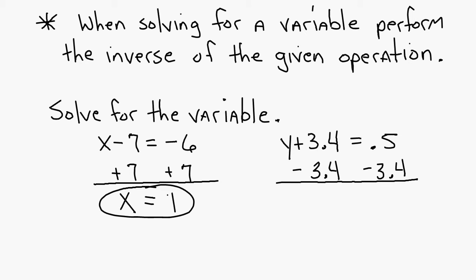Horizontal line. The y will fall straight down. When we perform the inverse, we got rid of the number with the y. So y is equal to, in your calculator, 0.5 minus 3.4. 0.5 minus 3.4 equals negative 2.9. All right? So on your paper, negative 2.9, and we're going to circle it.